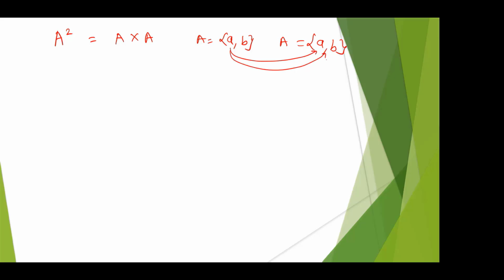In this case, since both sets are the same, it doesn't matter which way we do it. So we get A square equal to AA, AB, BA, and BB. Since A has 2 elements, the Cartesian product will give us 4 elements.